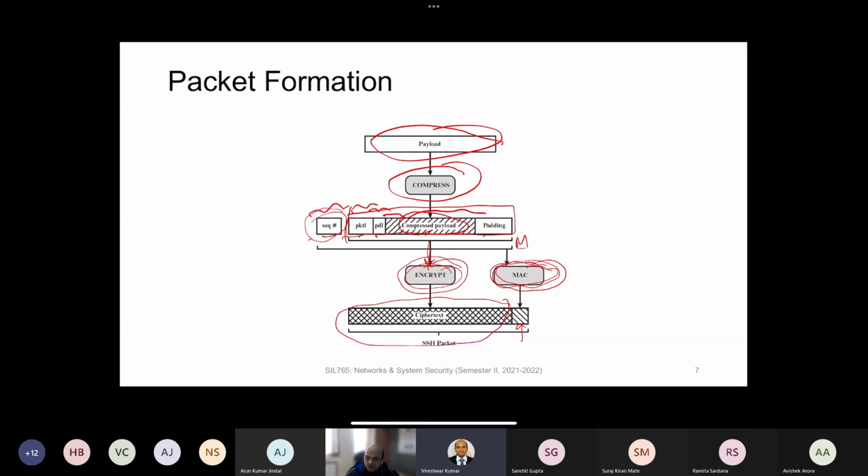So if we are using AES 128, then you have to make sure that this is a multiple of 128. Okay, so yes, that's the goal of padding.